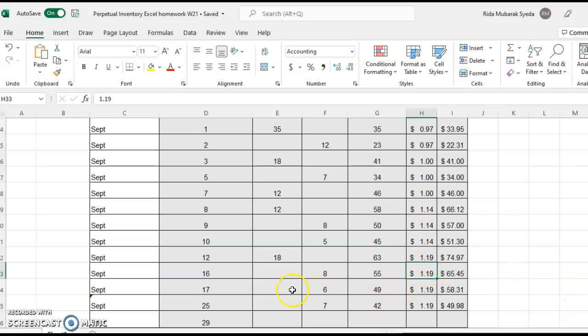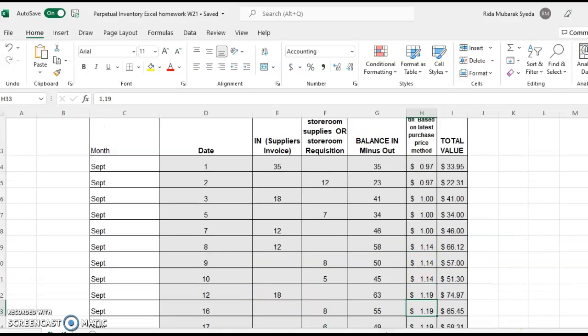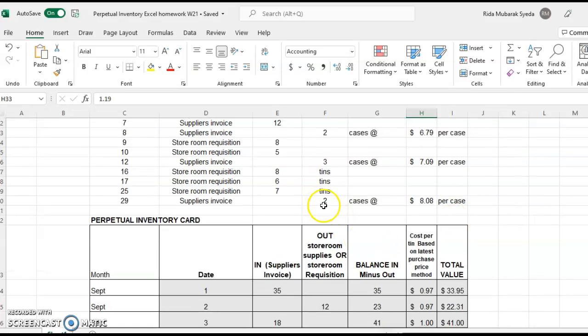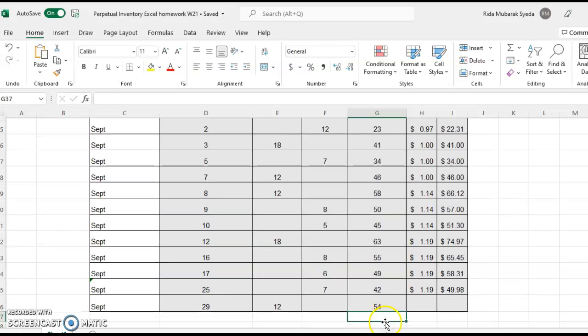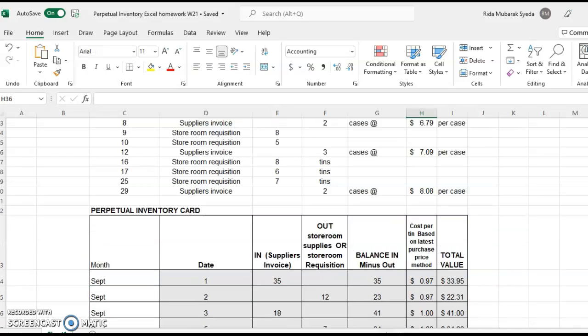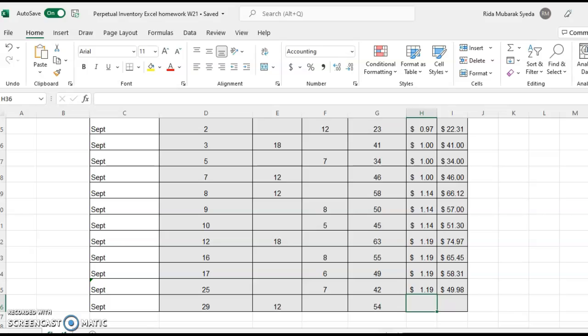Alright, so let's move on to the last one, which is September 29th. And we made a purchase of 2 cases, which is 12 cans. And we add that to 42 and we get 54 as our new balance in. And we had a new purchase value, which was 808, divided by 6, enter, we got 135.